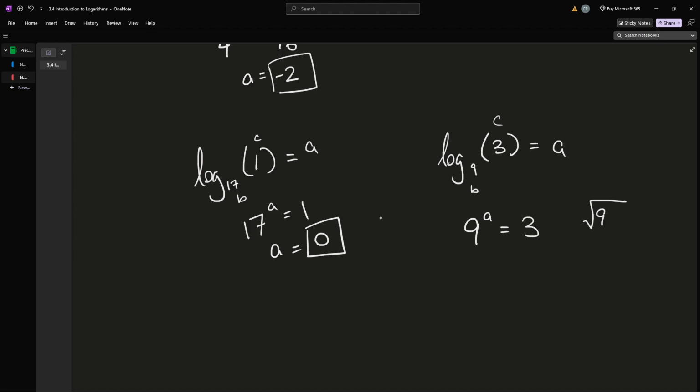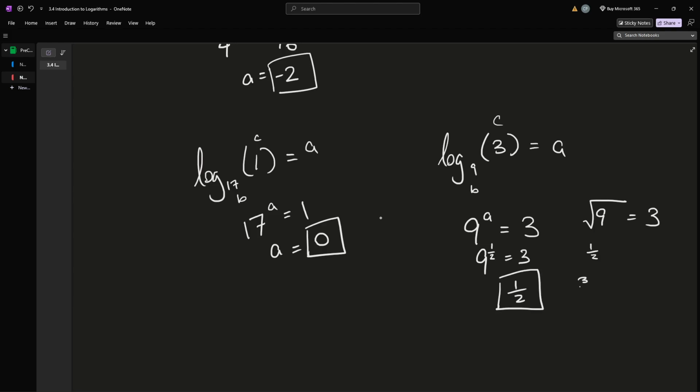Square root of 9 equals 3. Square root is equivalent to the 1/2 power. I need half of a 9 to get 3. Not really splitting a 9 in half, but in terms of multiplication. So I'm going to split it into two equal parts that multiply to get 9. So I split it into 3 and 3, and those multiply to get 9. I'm splitting it in half, but multiplication-wise. So 9 to the 1/2 power equals 3. So therefore, A is 1/2. 1/2 would be my answer.